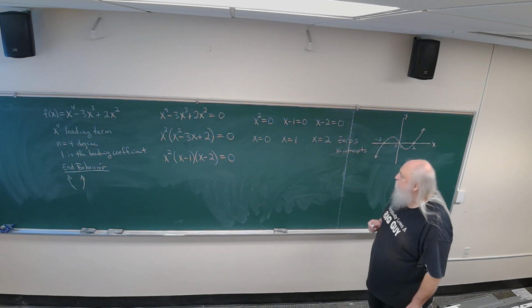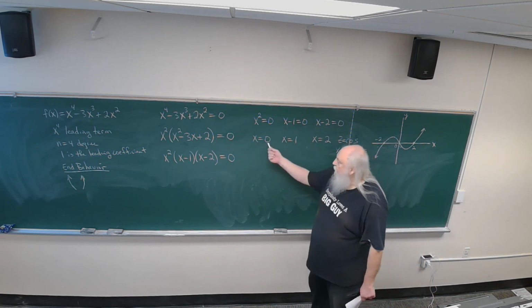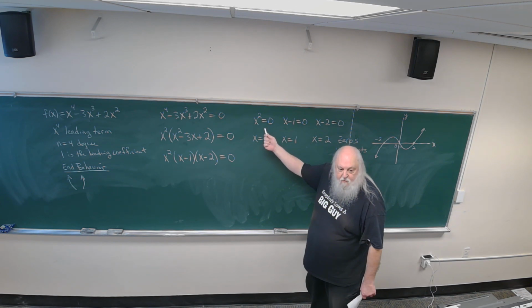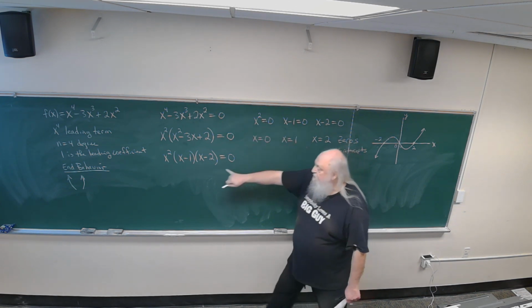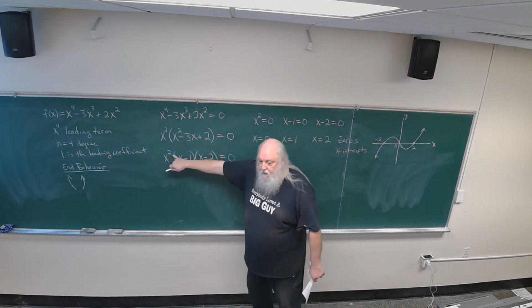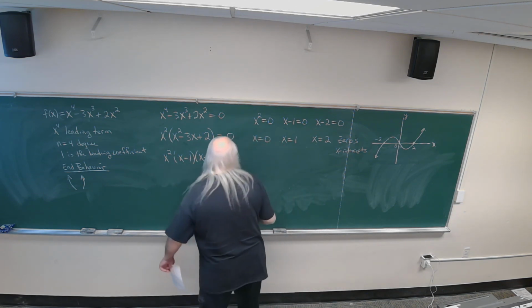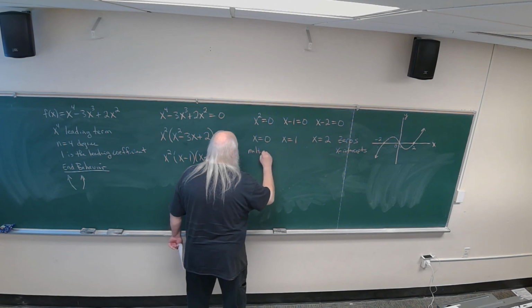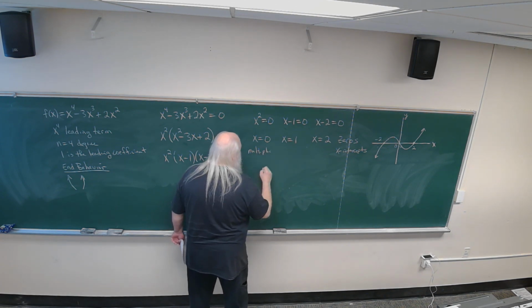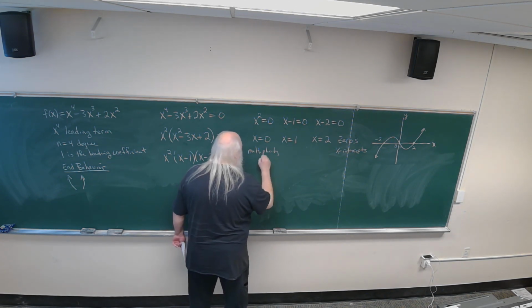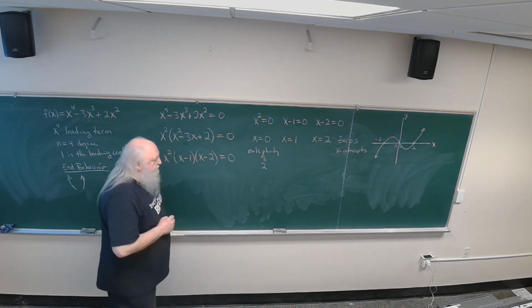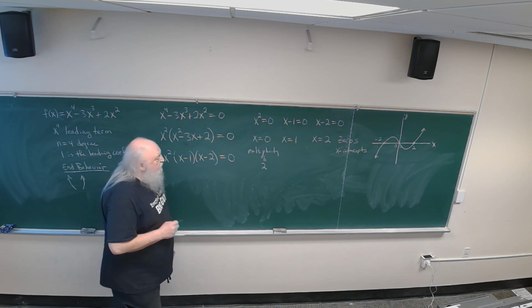Now, x equals 0 has what multiplicity? 2, because it's x squared. The exponent on the x is 2. So x equals 0 has a multiplicity of 2.